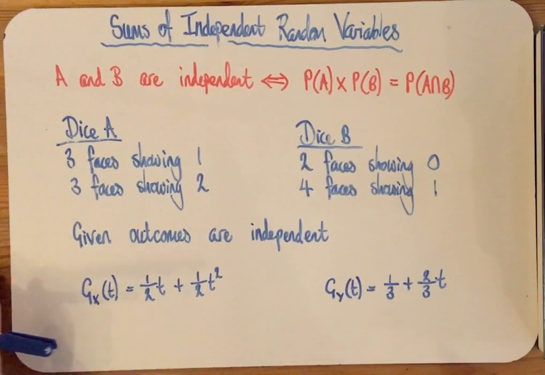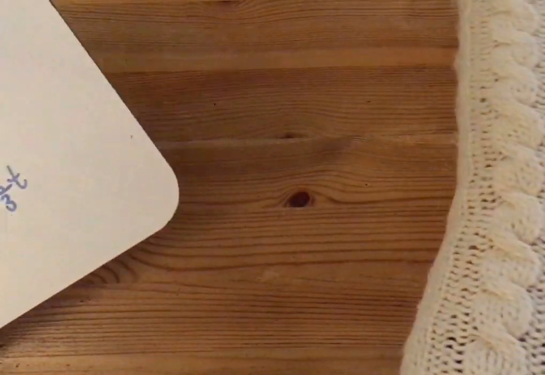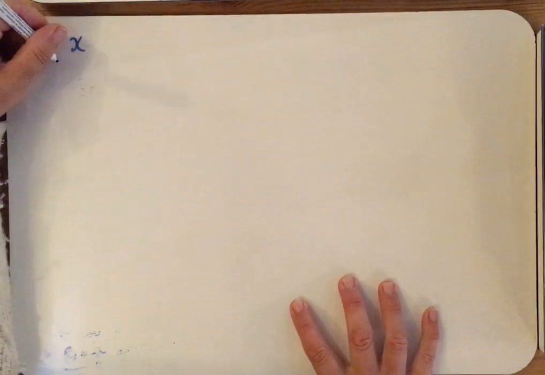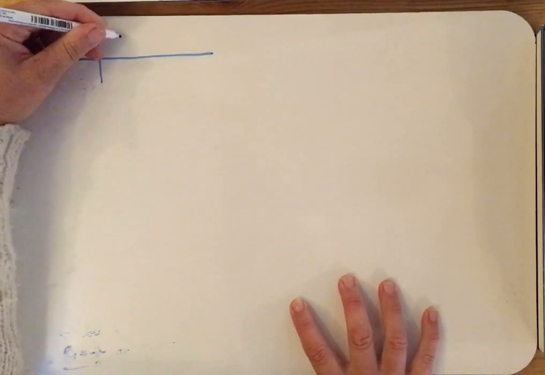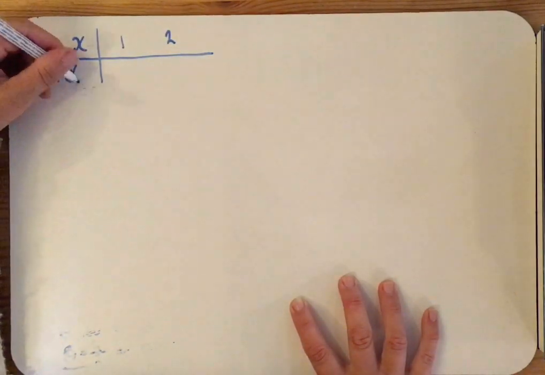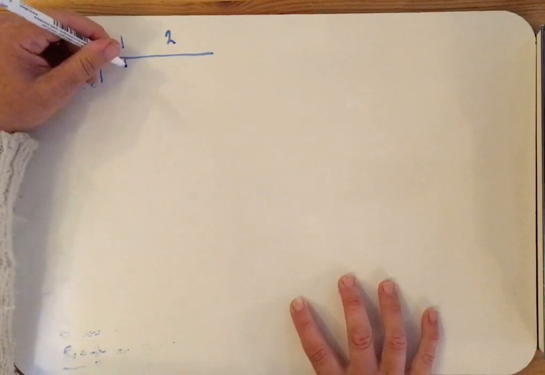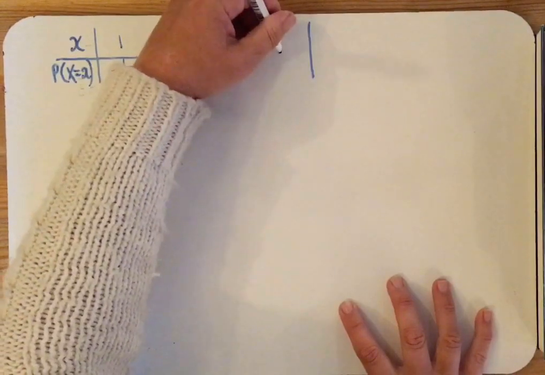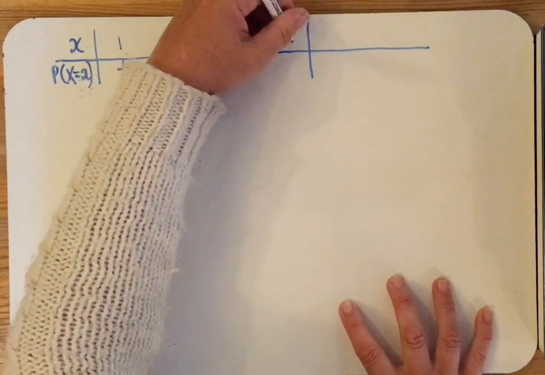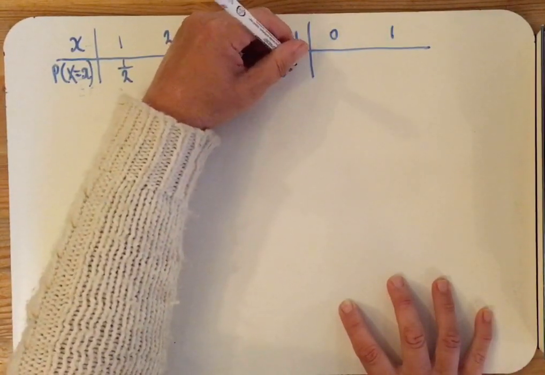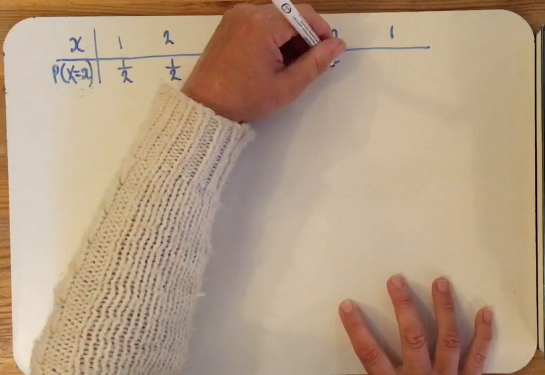If I put the probabilities into a table as well, I might have to flip between boards a little bit, so you have to bear with me. So for x, possible outcomes are 1 and 2, and the probability X equals x is a half for each. And then for dice B, possible outcomes 0 and 1, and the probability of getting 0 is 1/3 and 1 is 2/3.